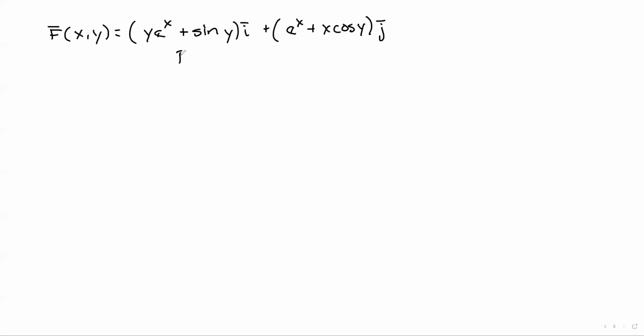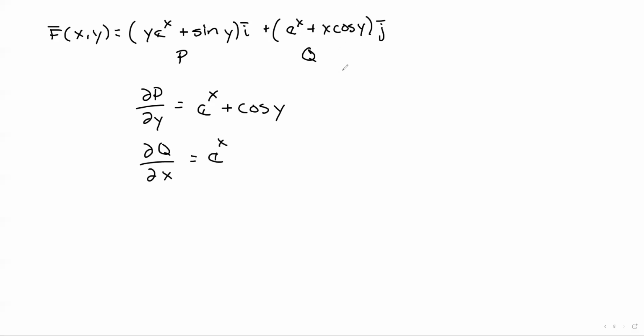All right, to test that, we label this P, label this Q. We take the partial of P with respect to y. The derivative of this with respect to y is going to be e to the x. The derivative of this with respect to y is going to be plus cosine of y. The derivative of Q with respect to x: we differentiate this with respect to x, we get e to the x.